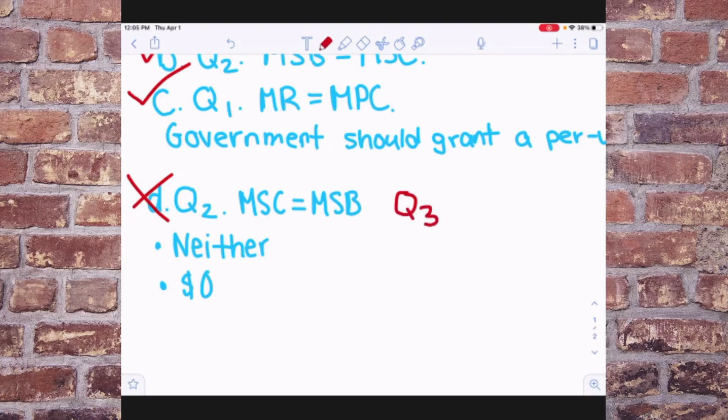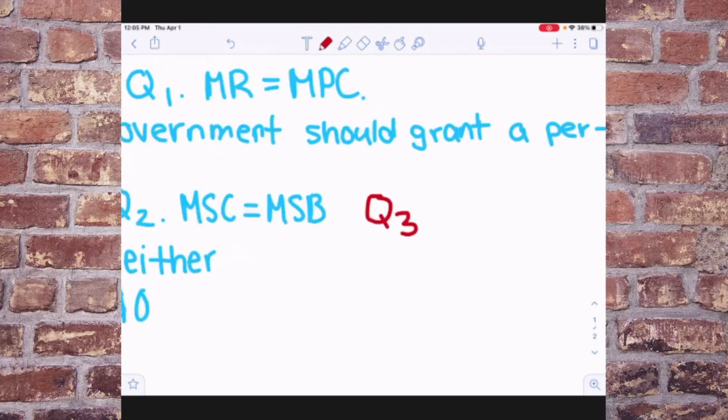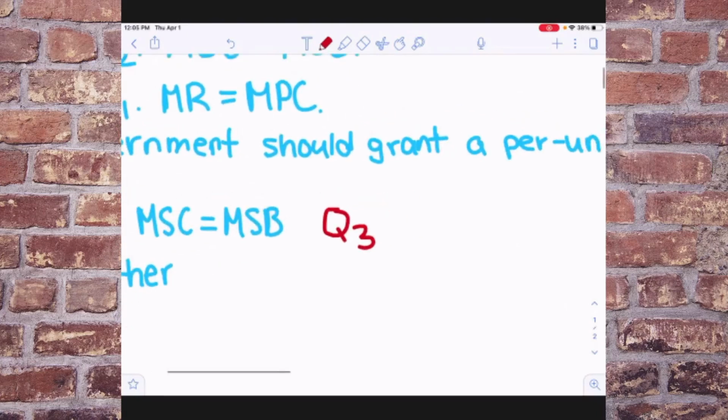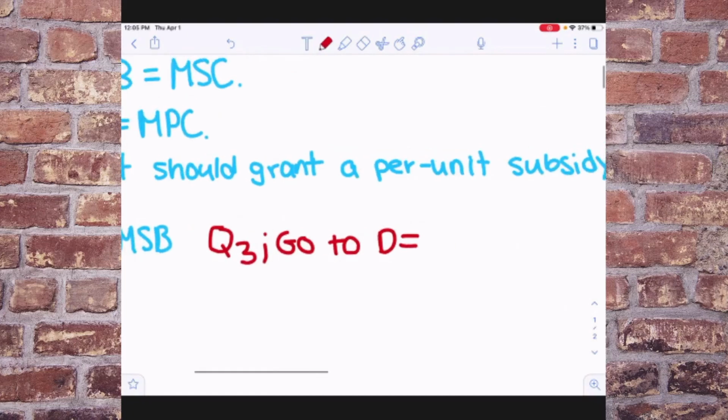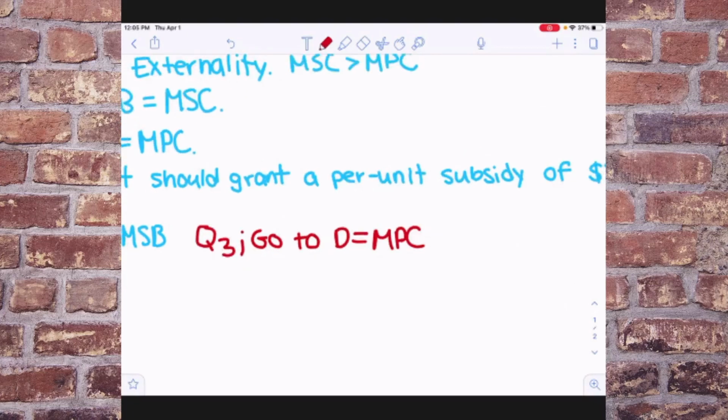And the reason is you go to where the demand curve, D, equals MPC. And that's at Q3.